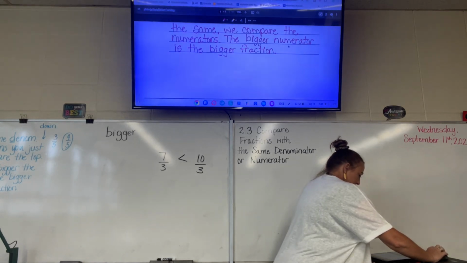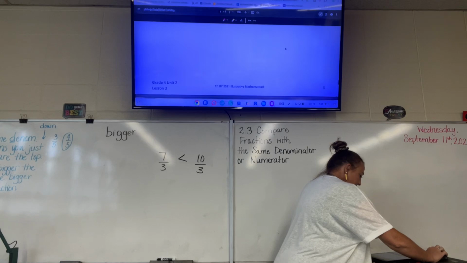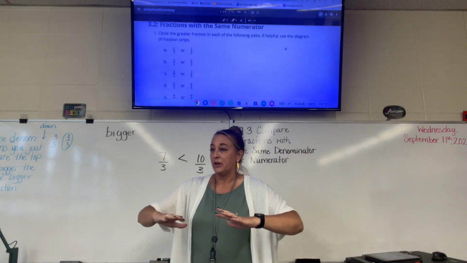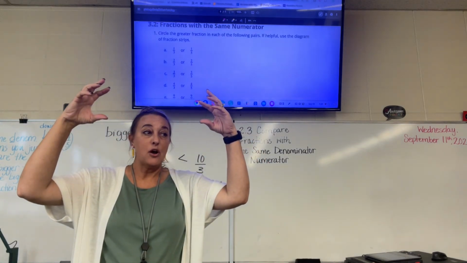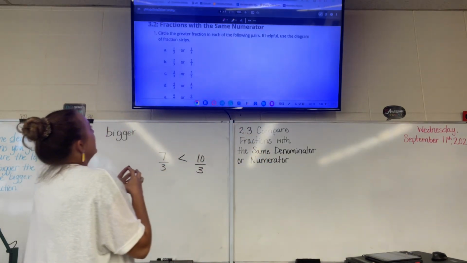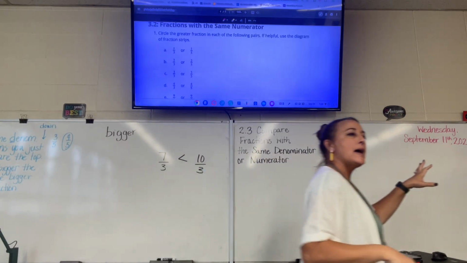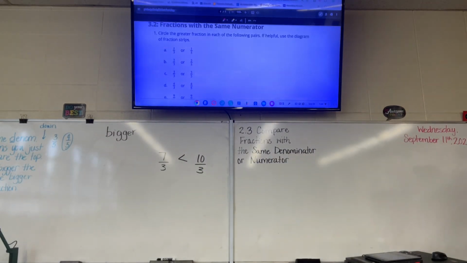So now we're going to talk about when the denominators, the bottom numbers, are different, but the top numbers are the same. Did you notice that every time I went over here to get pieces earlier, they were the same color?